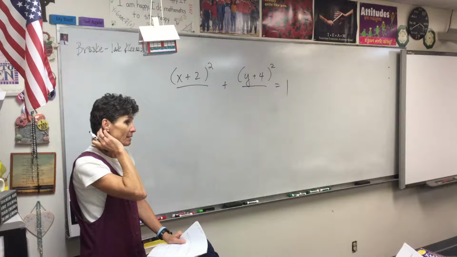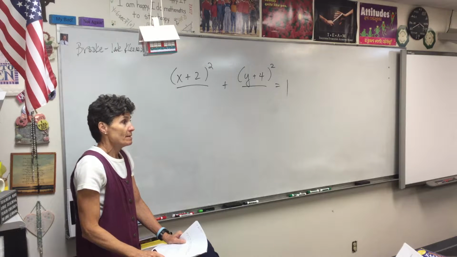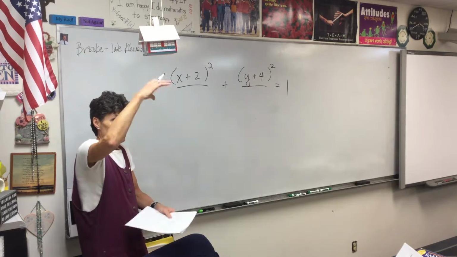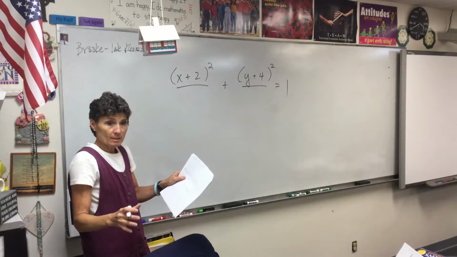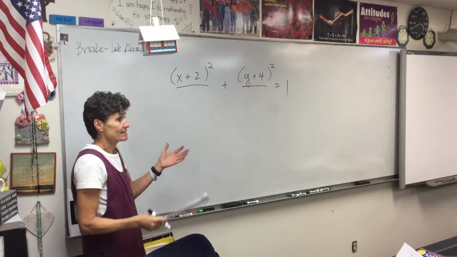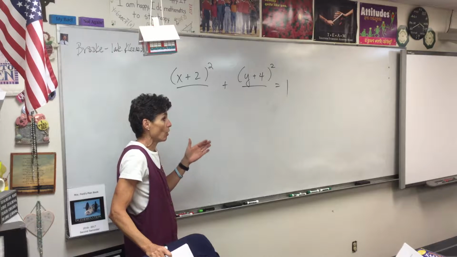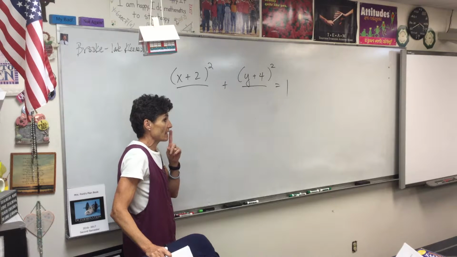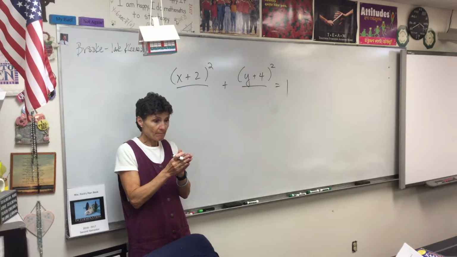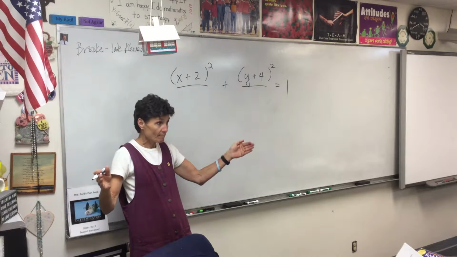Now this is a bad problem because I don't know whether the ellipse is going this way or this way, right? So I don't know if one of the axes is 10 units long. Now think about that. If it's 10 units long, then that means it went 5 each way.